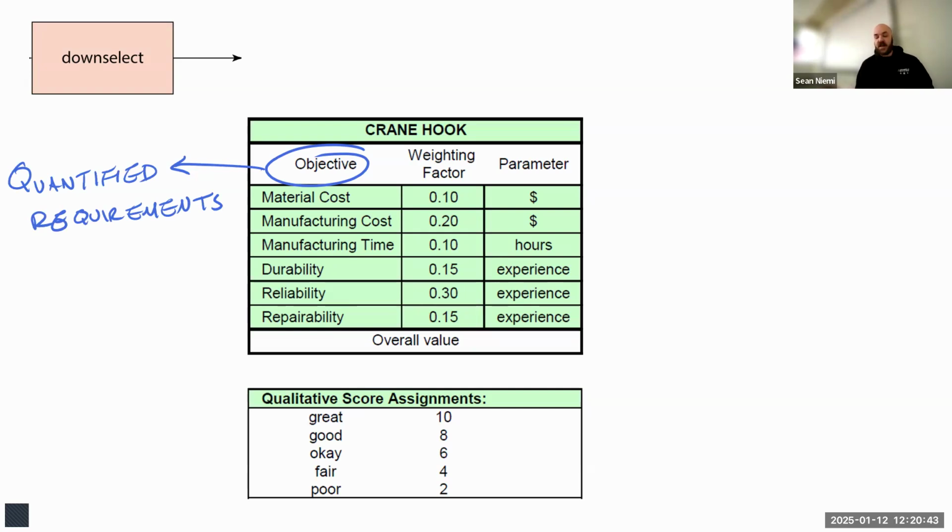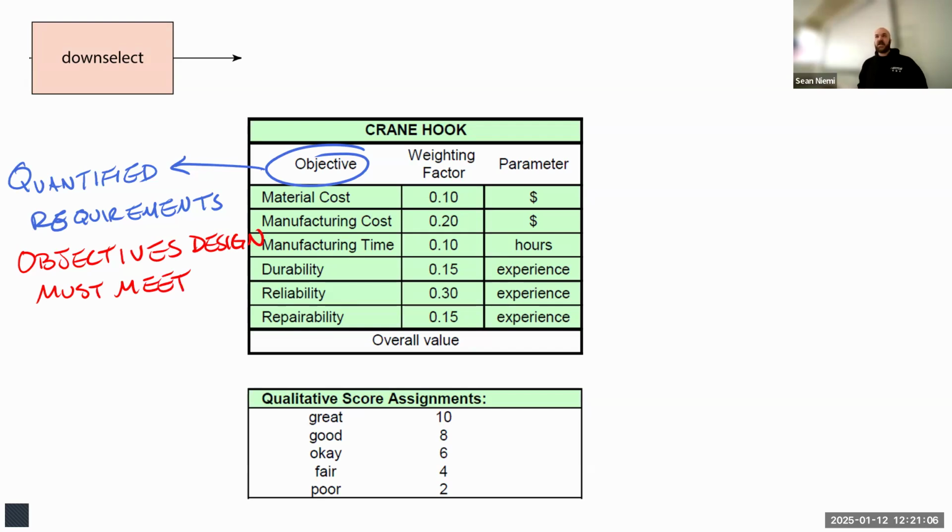A better way to say this, and I'm using the term objectives, is the things the design must meet. That is going to be our first thing that we are looking for.